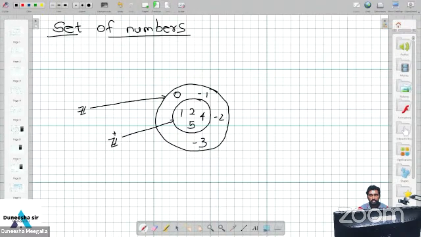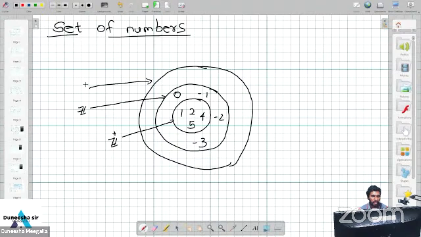You can get the next circle. It's rational numbers, Q. How do we define Q? You can write 1 over 3, 1 over 2, likewise 1 over 4. Then these are the rational numbers.